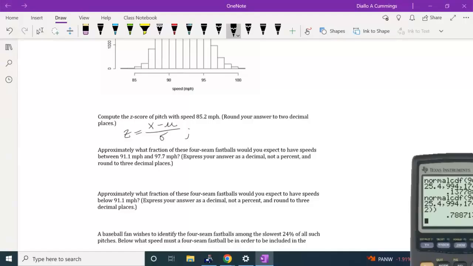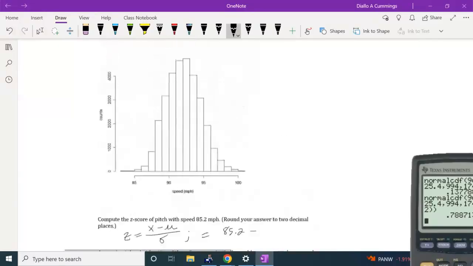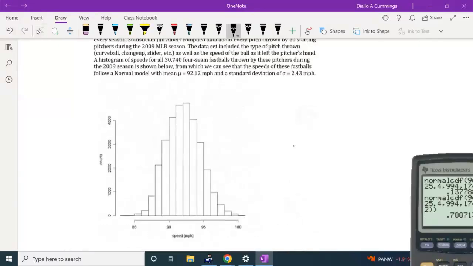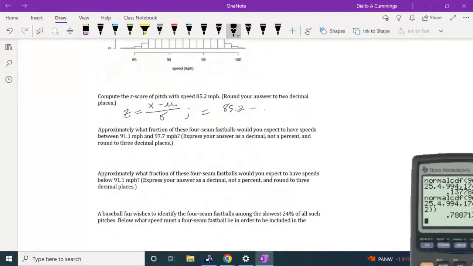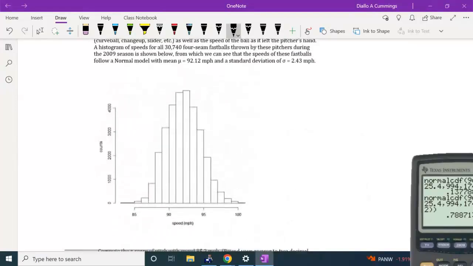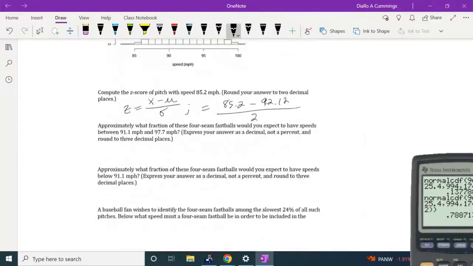So x is your data value, which is 85.2, minus the mean, which they gave us as 92.12, divided by the standard deviation, which they gave us as 2.43.